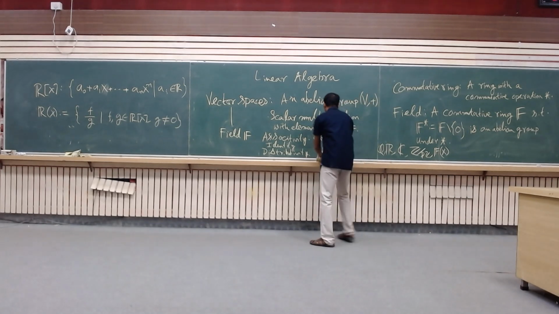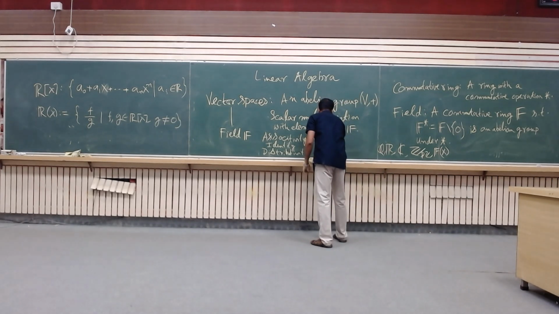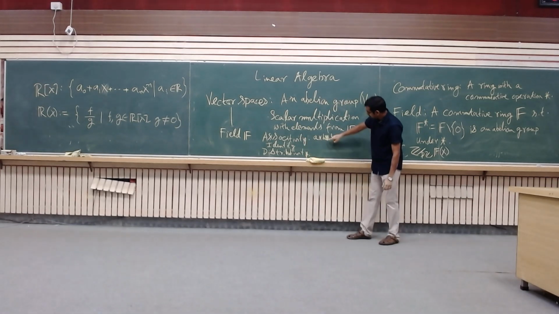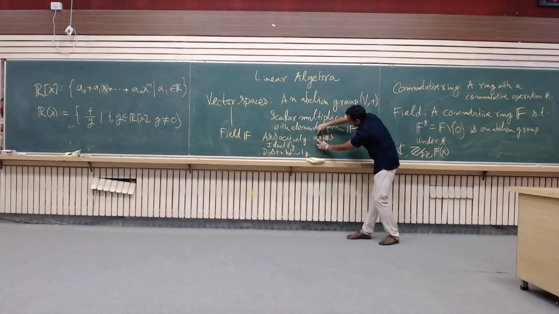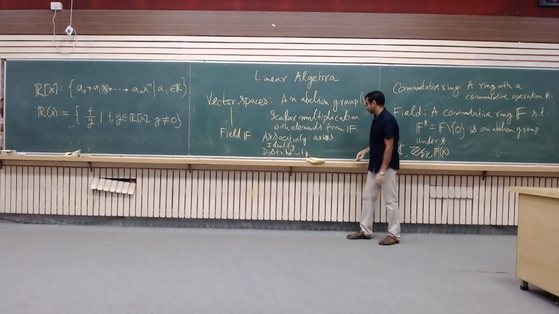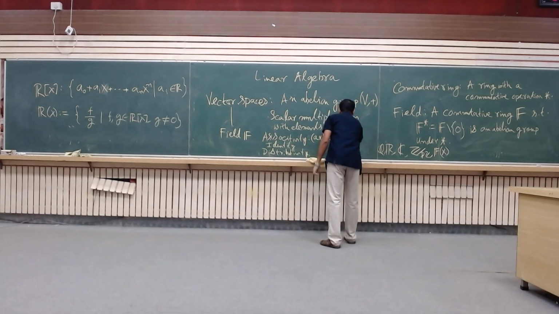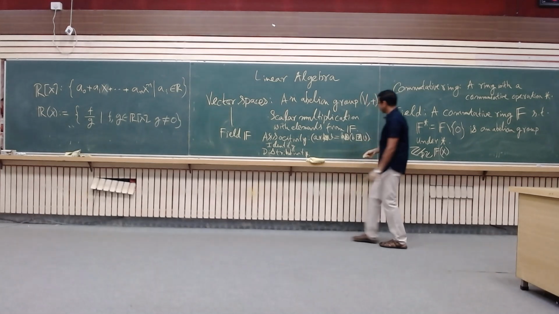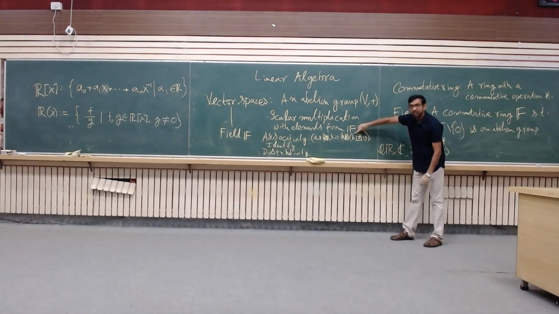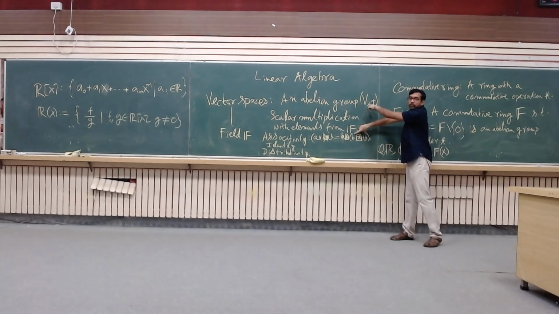But for now, because we are doing it for the first time, let's write in this manner. This is multiplying the vector with the scalar, and this is the multiplication in the field. So this one would be the same as A star (B star V).